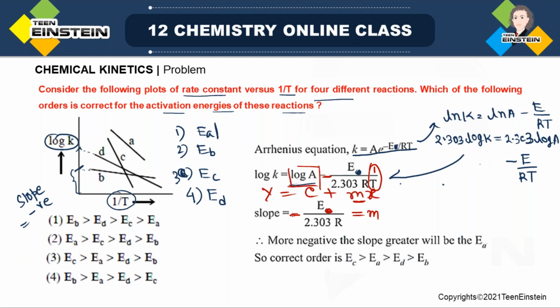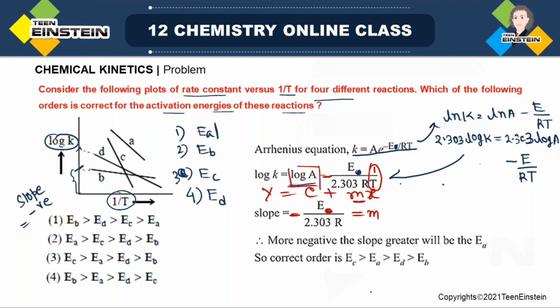Now just forget about the negative sign, consider the numerical value. From the lines it is clear which line is the steepest. Can you tell me which line is steepest here?